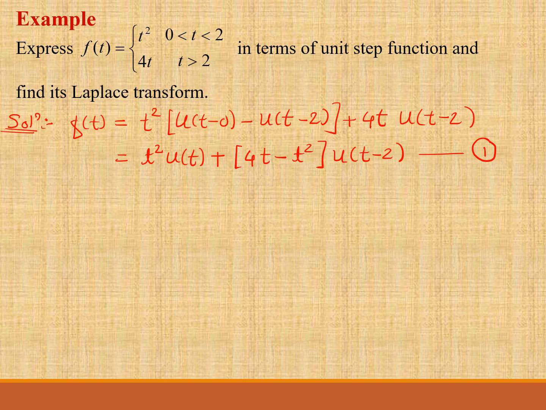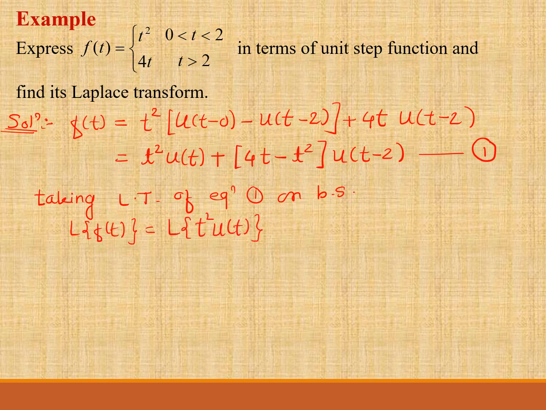Now we'll take the Laplace transform of equation 1 on both sides. So here we have Laplace of f of t is equal to Laplace of t square into u of t plus Laplace of 4t minus t square into u of t minus 2.